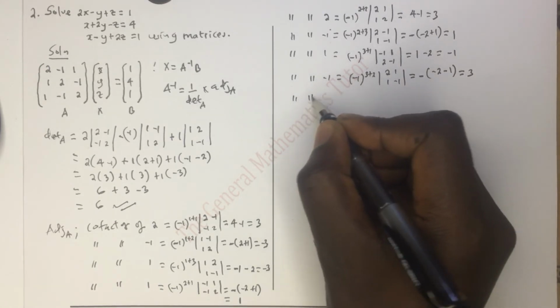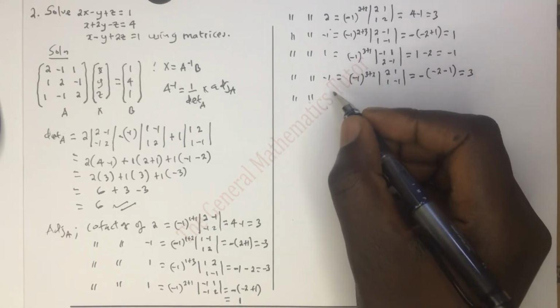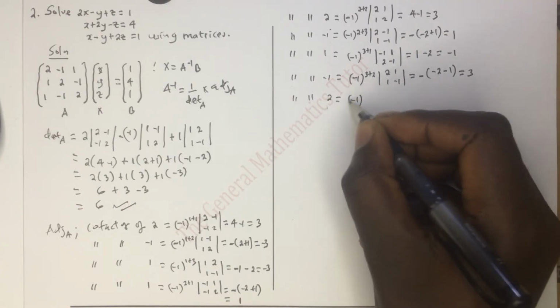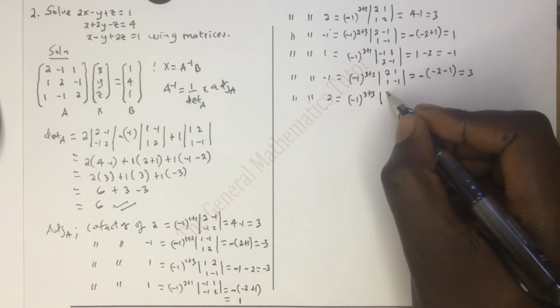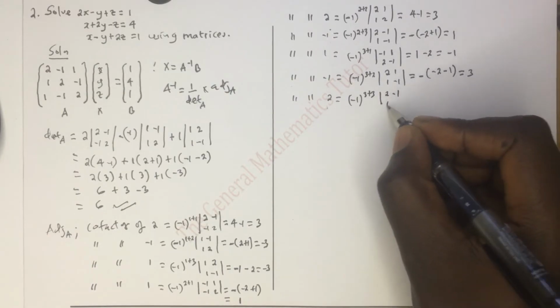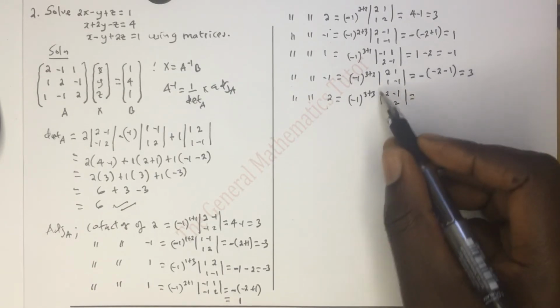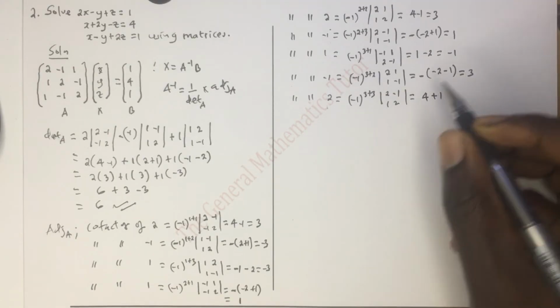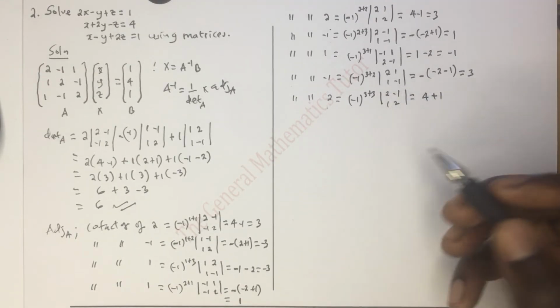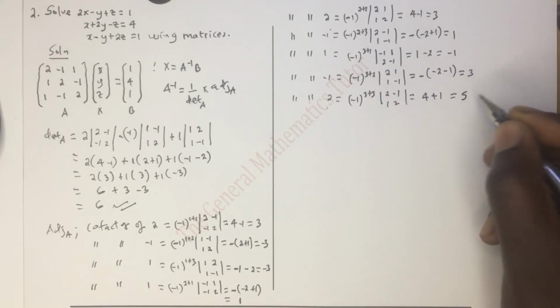Then finally, we have the cofactor of 2, and 2 is in row 3, column 3. Cover its row and column, you're left with 2, negative 1, 1, 2. So since this is even, the negative will disappear. So you have 4 plus 1, that is 2 by 2 minus negative 1 times 1, which is just 5.